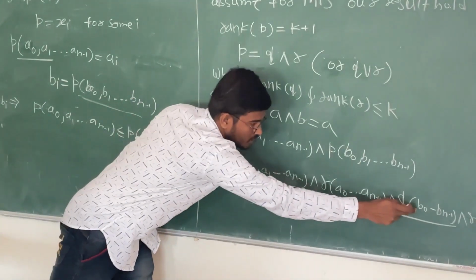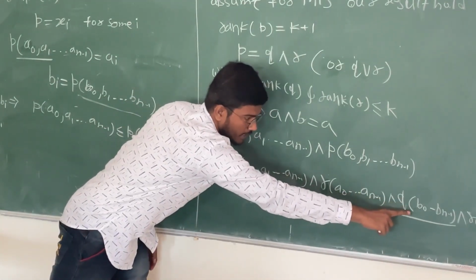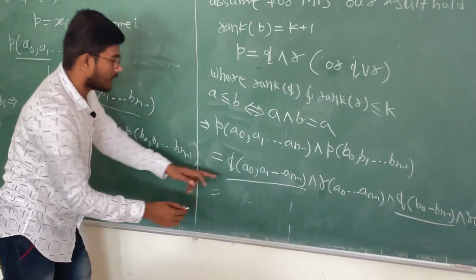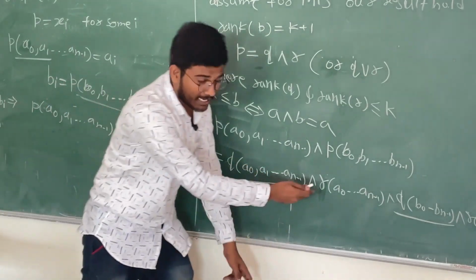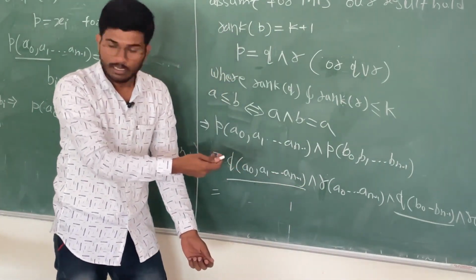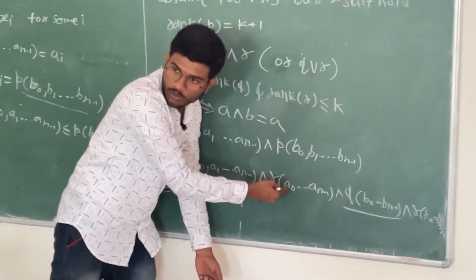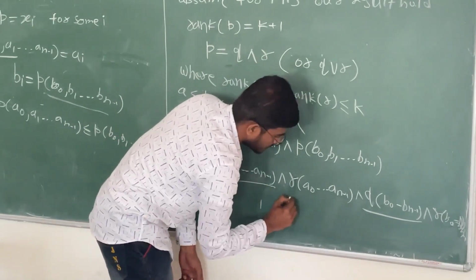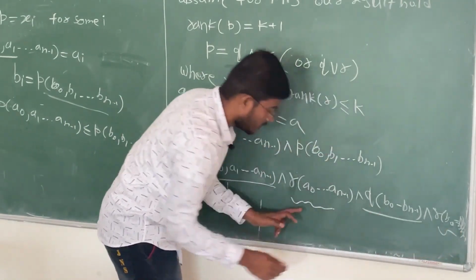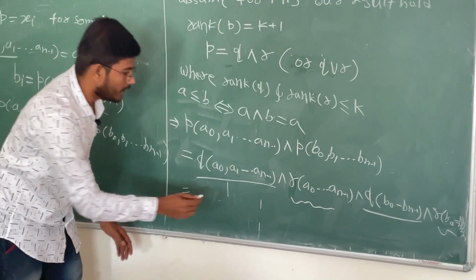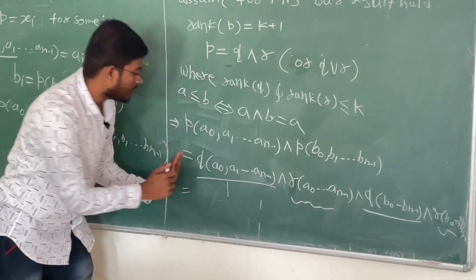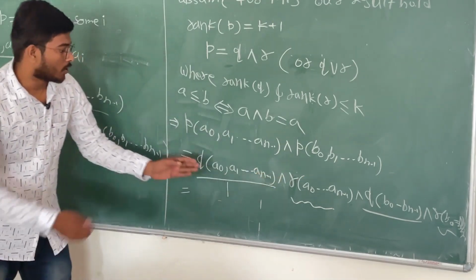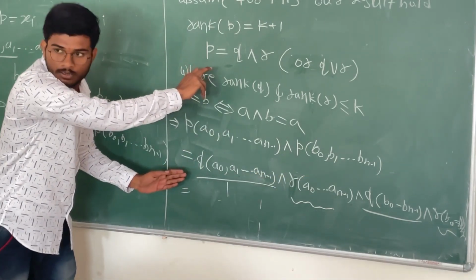So what should this combination be? The combination of these two gives only this term. So equal to, we can write it here. Similarly r is a polynomial having rank less than or equal to k. So we are taking this meet and this is also less than or equal to this, so we will write this term for these two. What we have left is only these two terms, that is q of a0 up to an meet with r of a0. So now what is this? This is p.